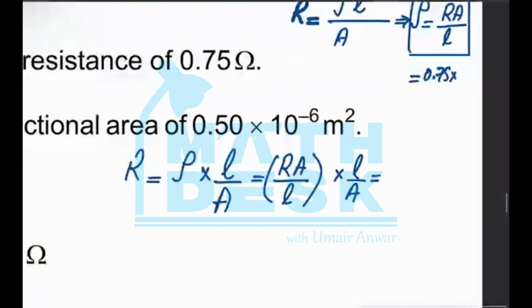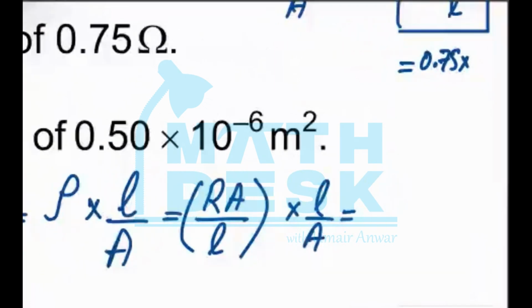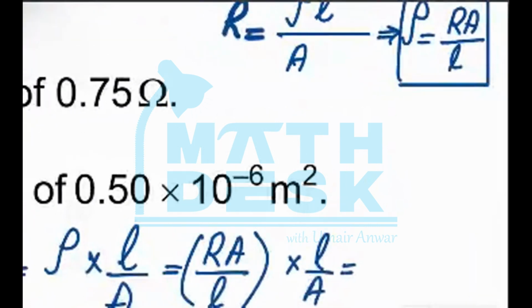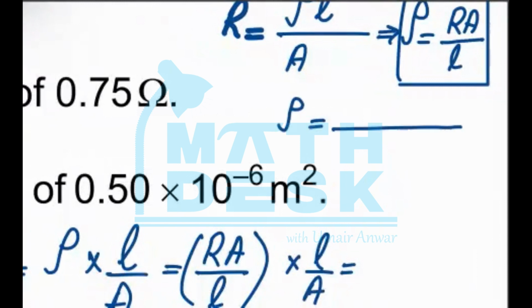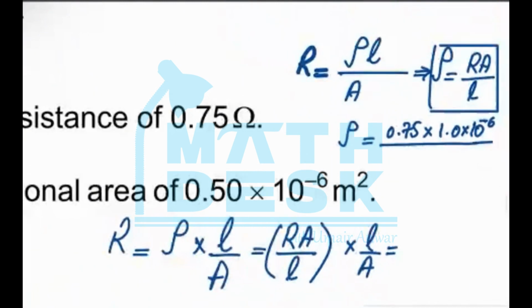I'm replacing the values over here to find out the value of resistivity. It is 0.75, the resistance of the earlier wire, and the cross-sectional area was 1.0 into 10 raised to minus 6, and the length of the wire was 0.50 meters. Okay, so these values could be replaced over here also.